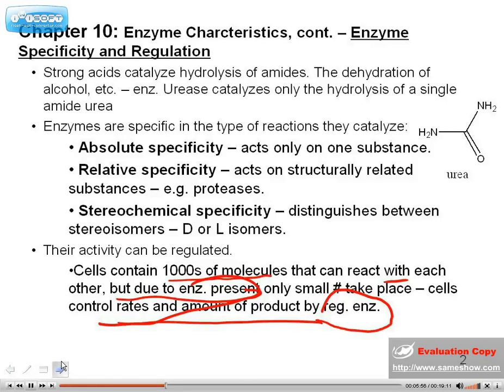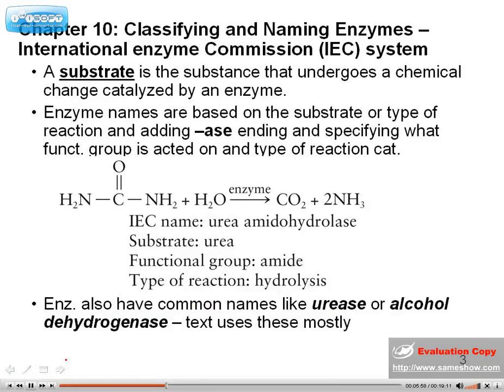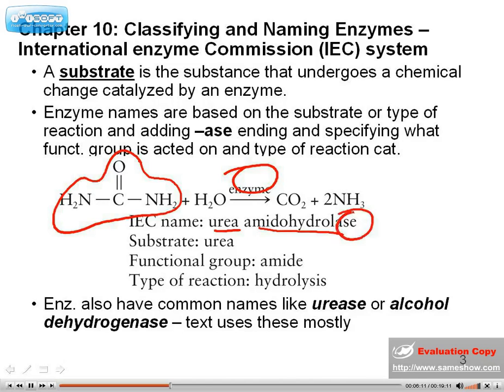Here's an example of again, an enzyme which is absolute toward this one specific type of substrate. Its name is urea amido hydrolase. Notice all enzyme names always end in the suffix -ase.